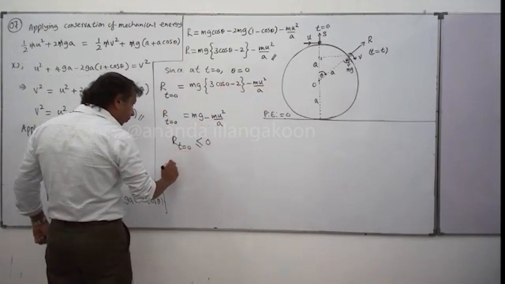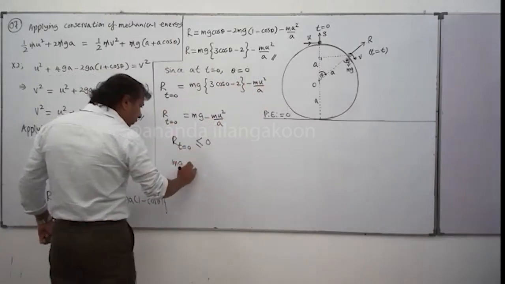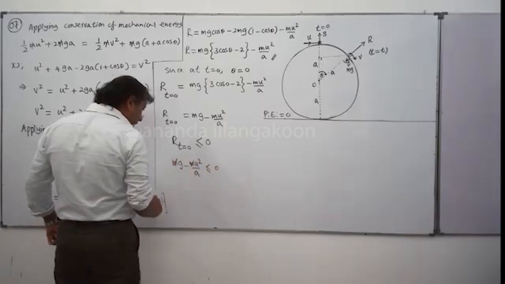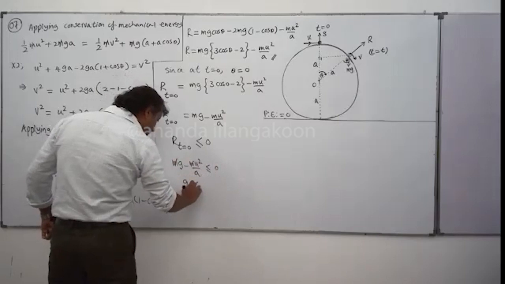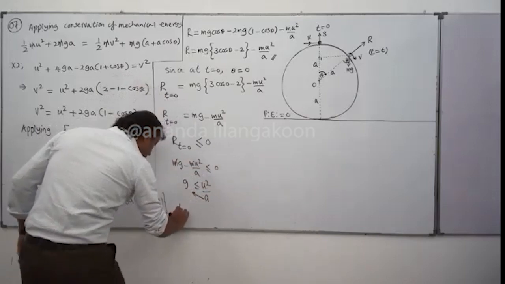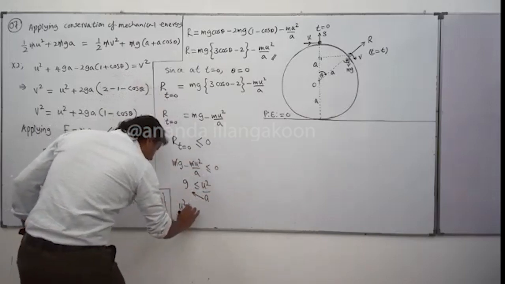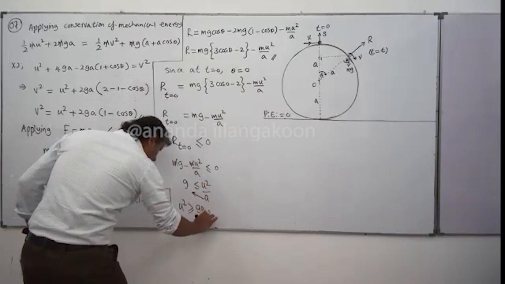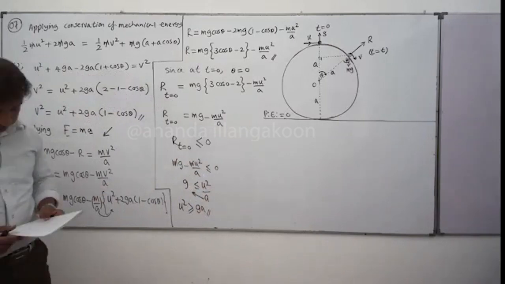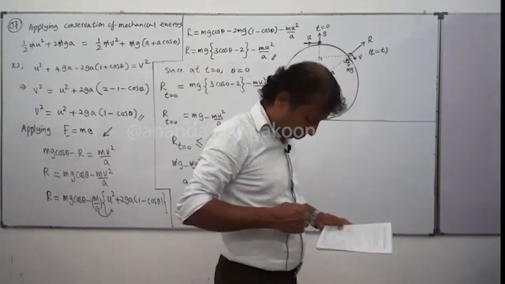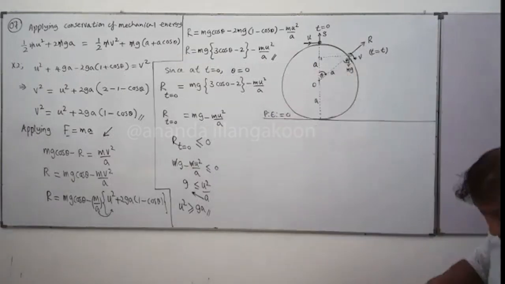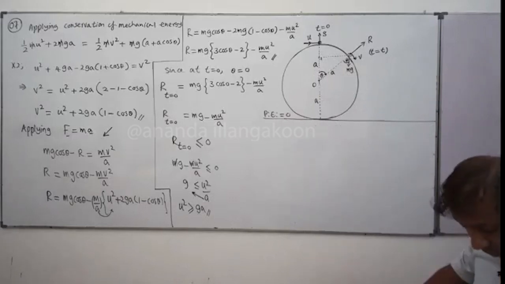Mg minus mu squared upon a is less than or equal to 0. We can cancel m, bring this to the other side, and multiply: u squared is greater than or equal to ga.